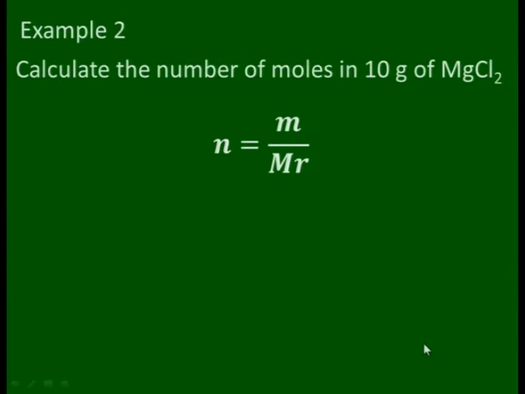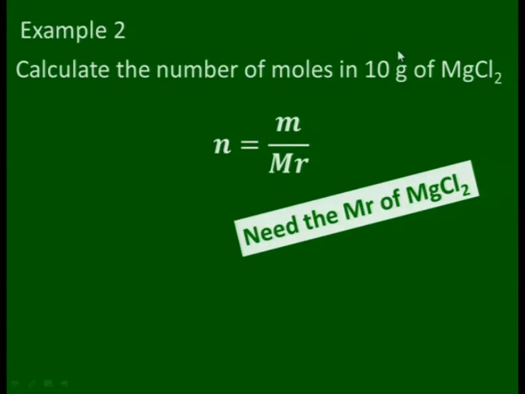Example 2. Calculate the number of moles in 10 grams of magnesium chloride. Now, you know that the equation for moles is equal to mass divided by molecular mass. The mass is given in the question, 10 grams, but the molecular mass you need to calculate.